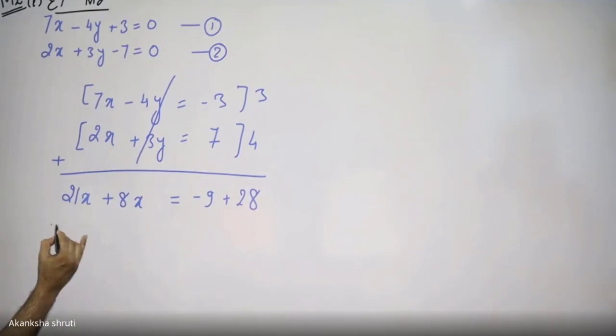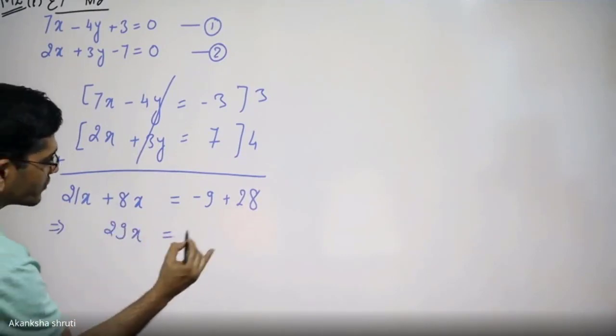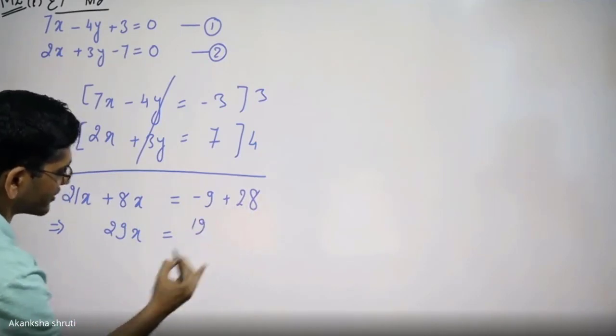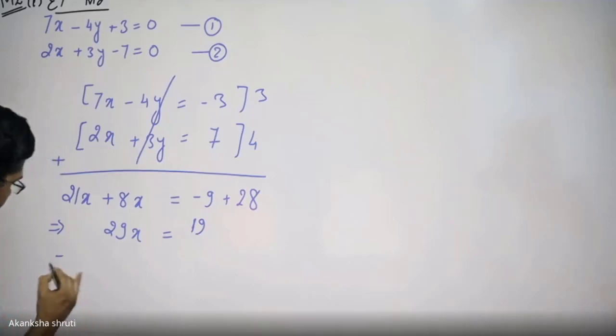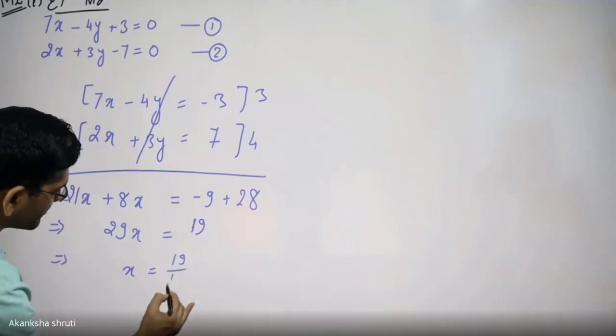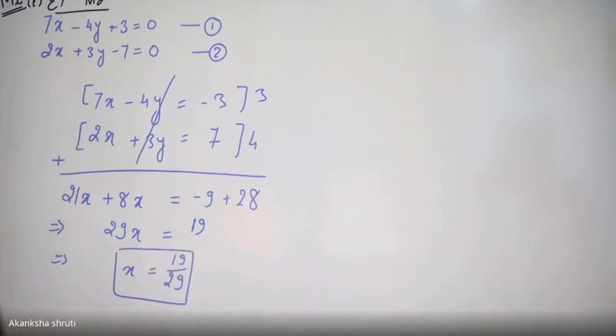Now go for simplifying this. It is our 29x is equal to 9 plus 28, which is 37... our 19. So this way the x obtained is 19 by 29. This way the x is determined.